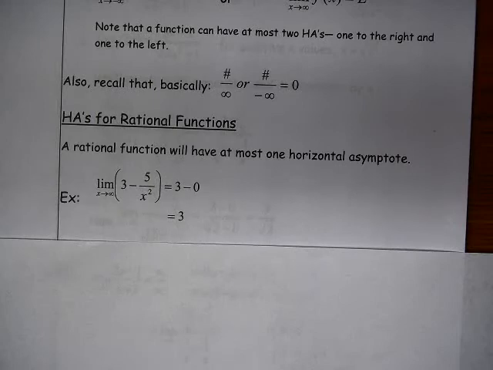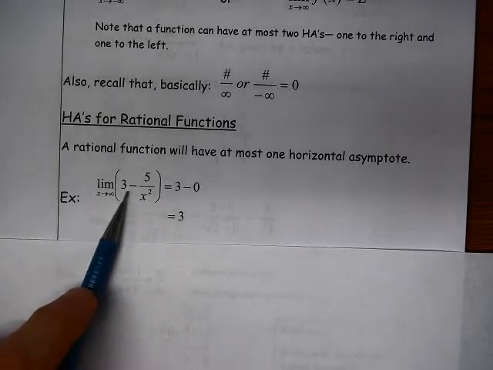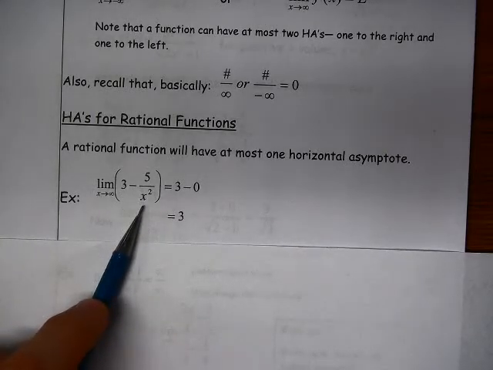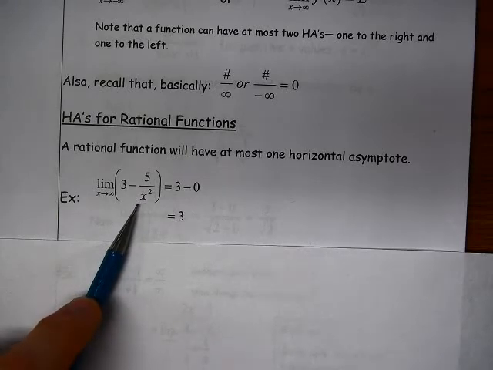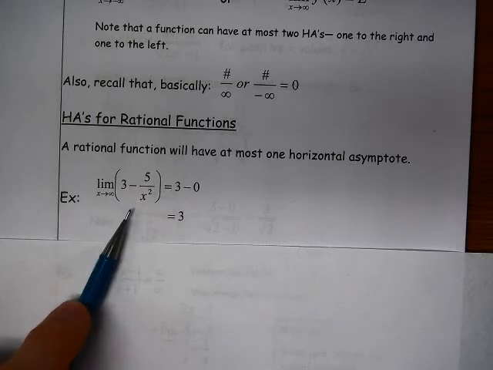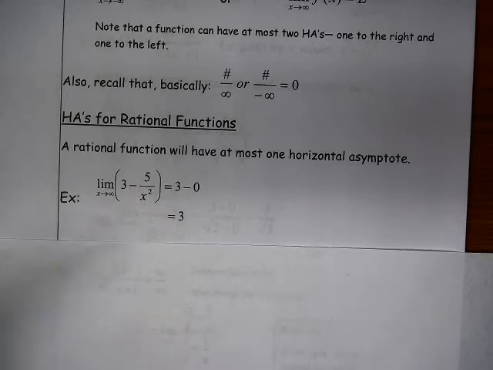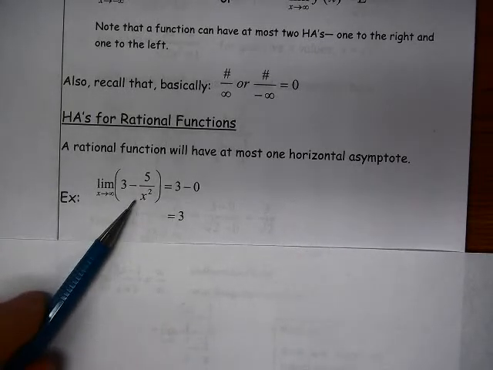But the way that we're going to deal with them now is, rather than memorizing rules, we're going to treat them as a limit. So we have a function 3 minus 5 over x squared, and we're trying to figure out what the limit at infinity is, or what the horizontal asymptote is, or what the end behavior is. It could be worded any of those ways. We're going to take the limit as x approaches infinity of that function.